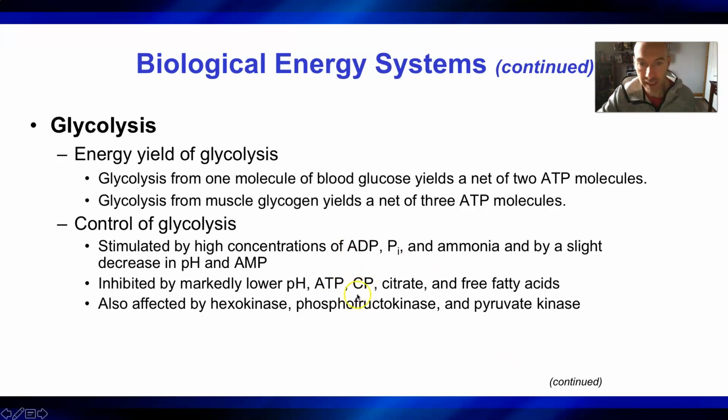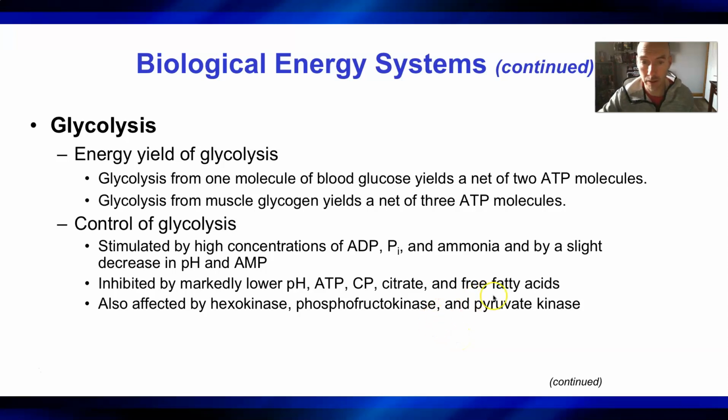Same idea here. If CP concentrations are high, that indicates your cell is energized, so there's no reason to produce more ATP, okay? Then we also have some enzymes here that control glycolysis. These things here would inhibit this enzyme and therefore inhibit glycolysis.